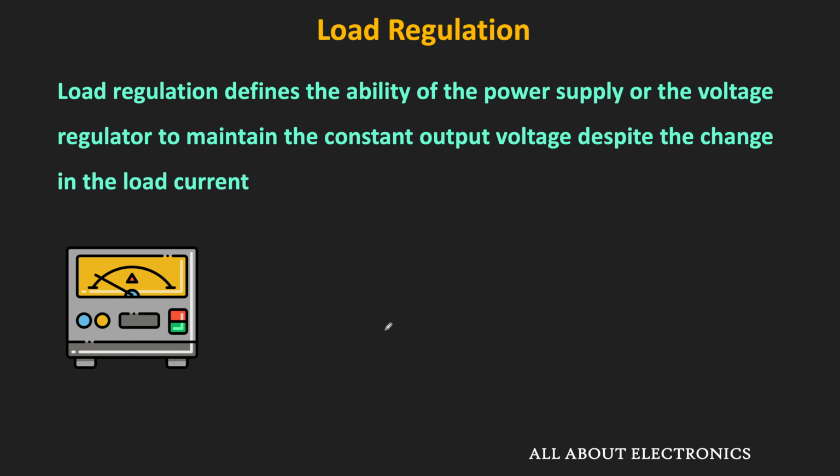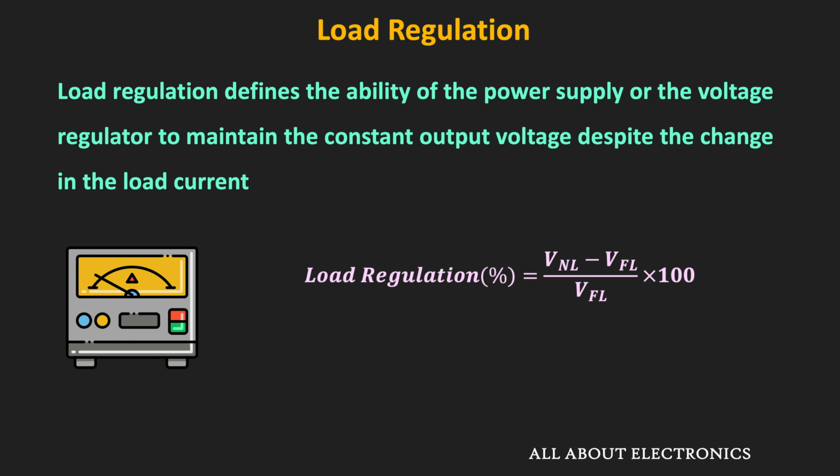So that is why this load regulation is also a very important specification of the power supply as well as for many voltage regulators. Mathematically, this load regulation can be given as the no load voltage minus full load voltage divided by full load voltage. And for the percentage, of course, it is multiplied by the 100.